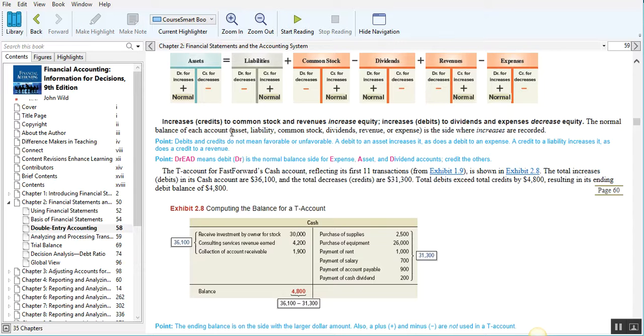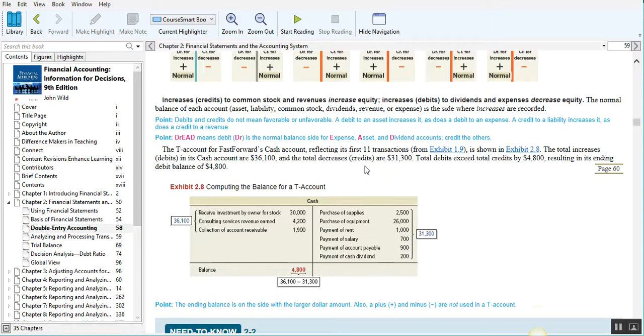They do give you some information here that might help. It's kind of an acronym, a way to remember. DREAD is for those who increase with a debit, and that basically means debit is the normal balance side for expenses, assets, and dividend accounts.